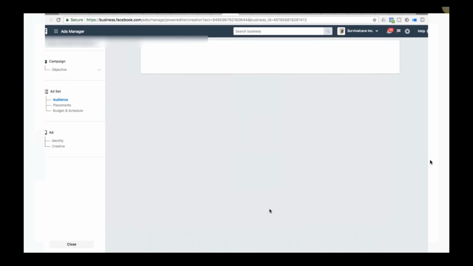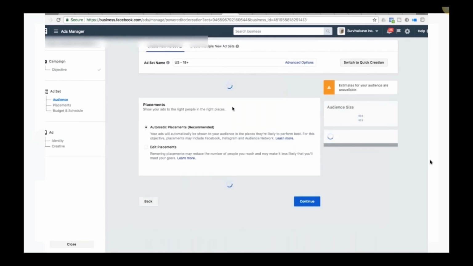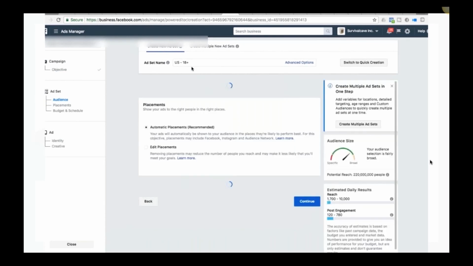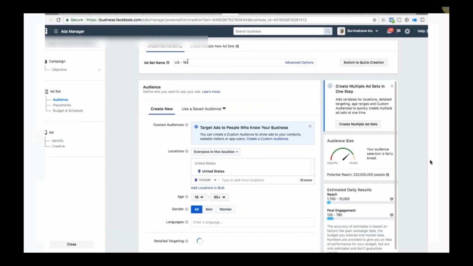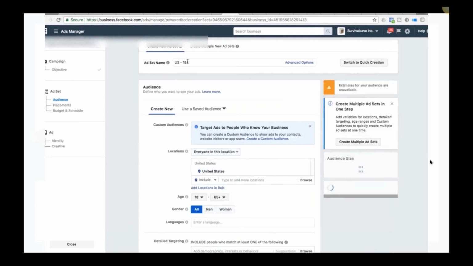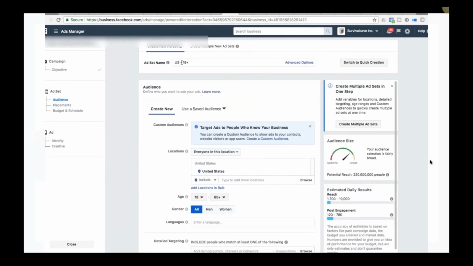So I'm going to click continue right here. Now we're at our ad set. If you remember, I said ad set is where your audience is. So this ad set name could just be top engage, top engage countries.